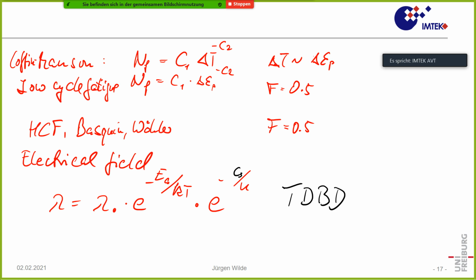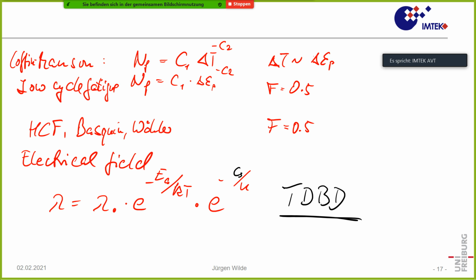That is even more important than Arrhenius because it comprises Arrhenius, and very many electronic devices have internally a high field strength. For instance, the most important part is the gate oxide of microelectronics.